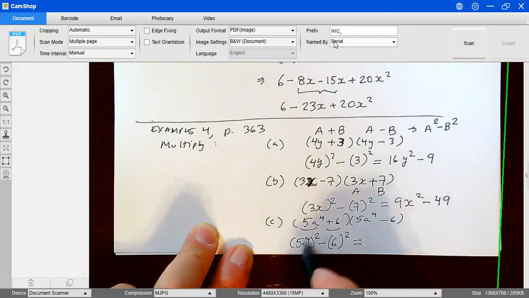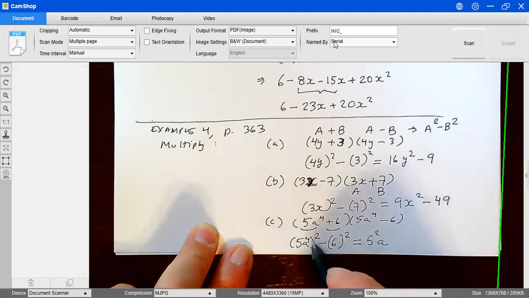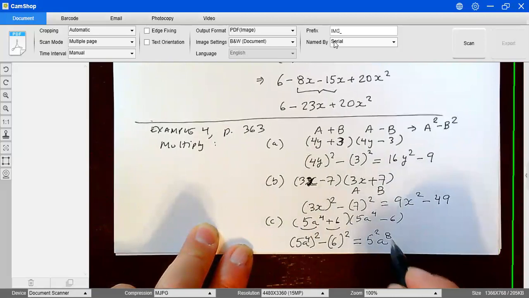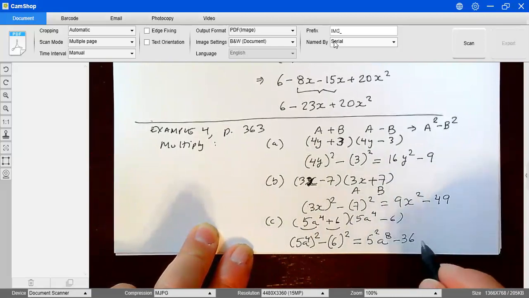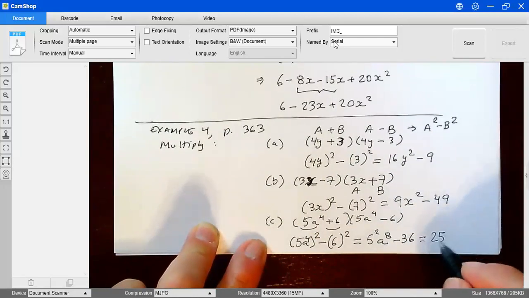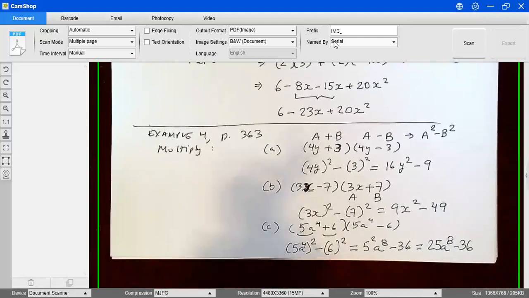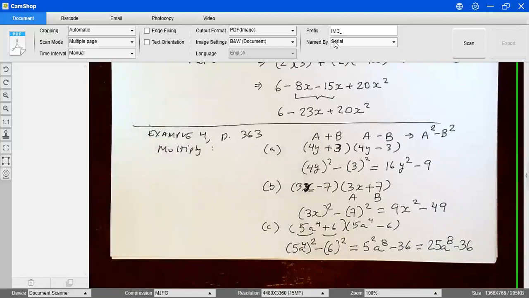You distribute the exponents, so we know this rule. It's going to be 5 squared, and a is going to be to the 8th power, and minus 36. So the final answer is just 25a to the 8th power minus 36. We're going to end up with two more problems.